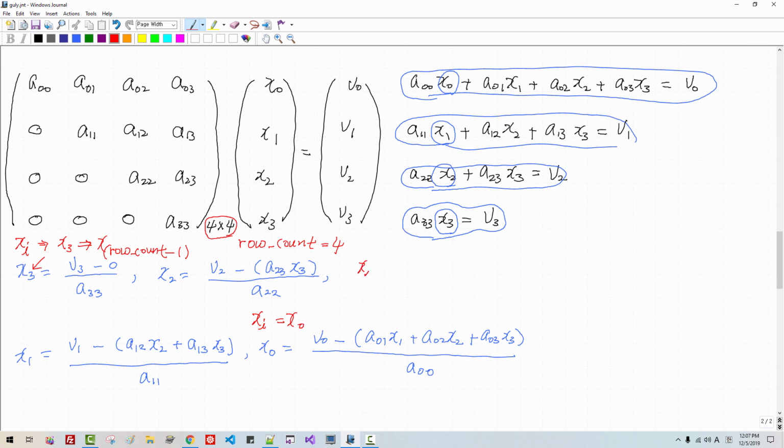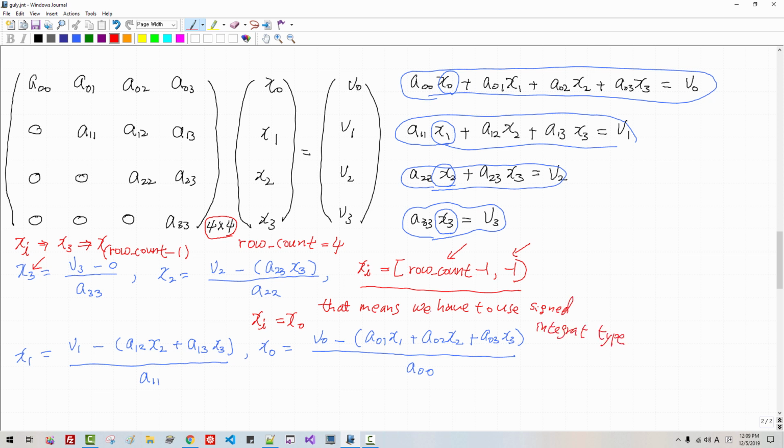So i ranges from row count minus 1 to minus 1. The starting index is included and the index minus 1 is not included. This is a half-open interval. That means we have to use a signed integral type for the index i.